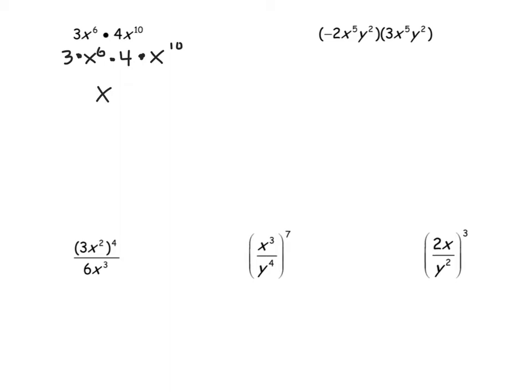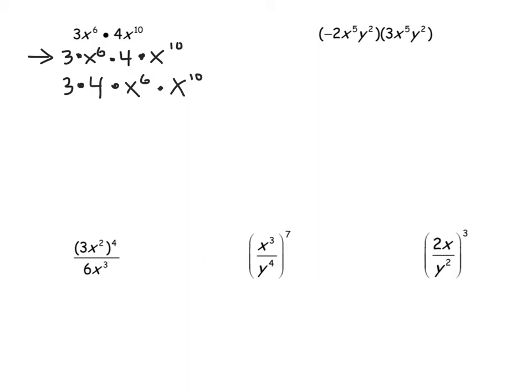I'm actually going to back up just one second here and say we could also rearrange this long strand of multiplication. We could write 3 times 4 times x to the 6th times x to the 10th. This might make a little bit more sense to some of you.